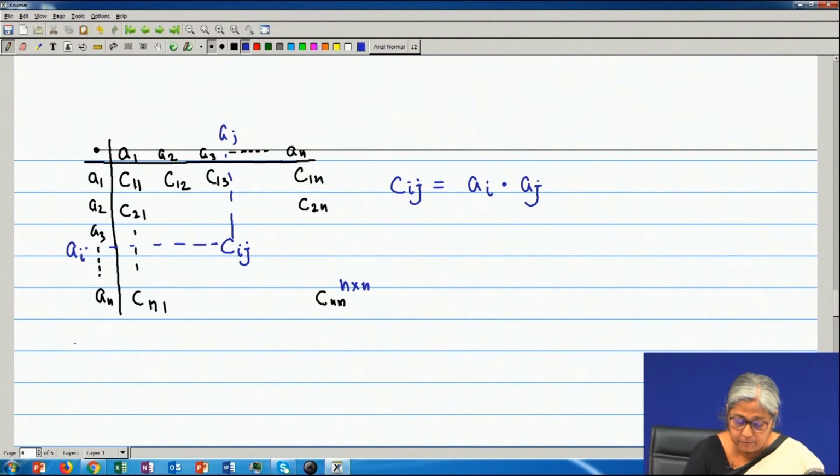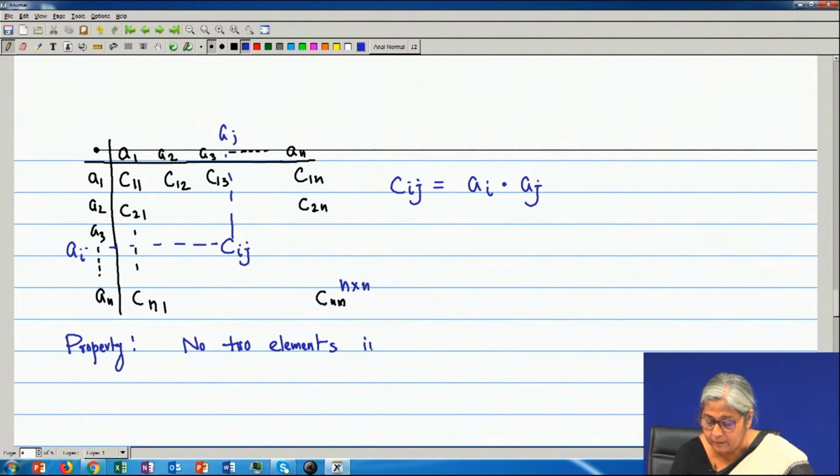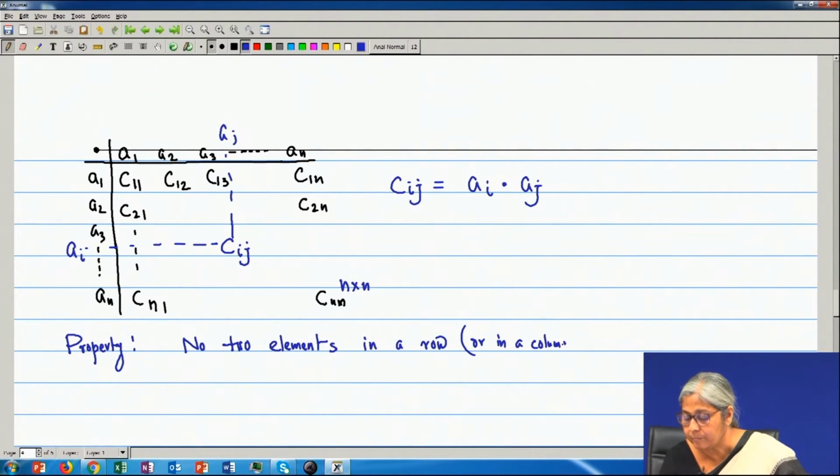So, now we give a property of a group, that no two elements in a row or in a column are the same.